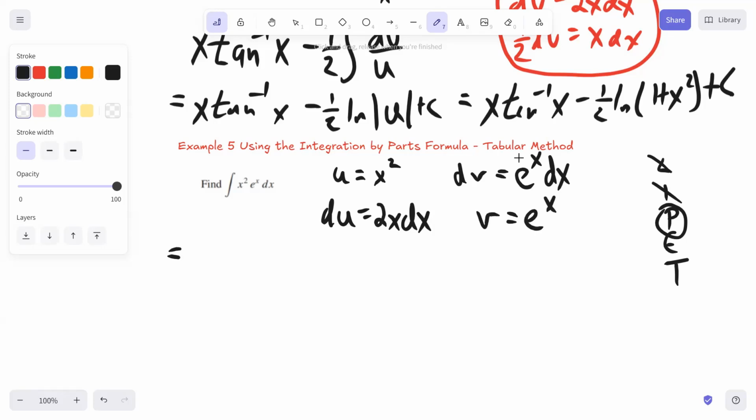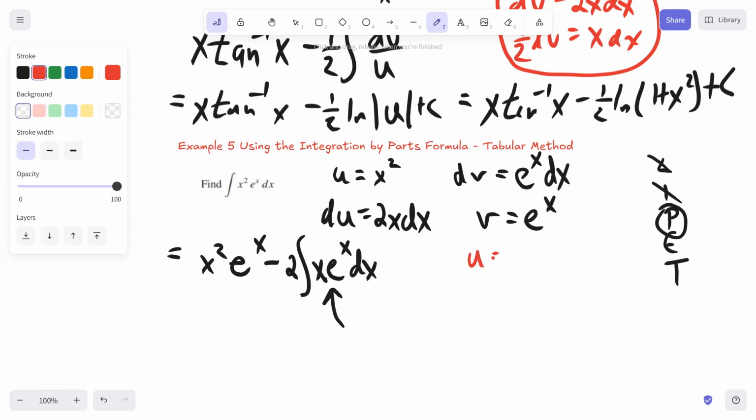So I would have uv minus the integral of v du. So it'd be 2x e to the x dx. Now the problem here is that this integrand right here is a product again, and I can't use regular u substitution. So I would have to do integration by parts again.